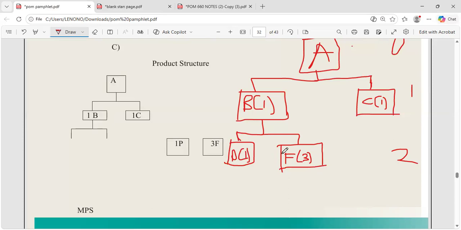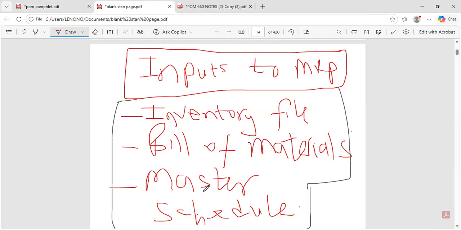So this is the structure which I'm going to transfer to that side. You've seen it. A consists of a base and a casting. The base consists of a plate and three fasteners. So the structure comes this way now.